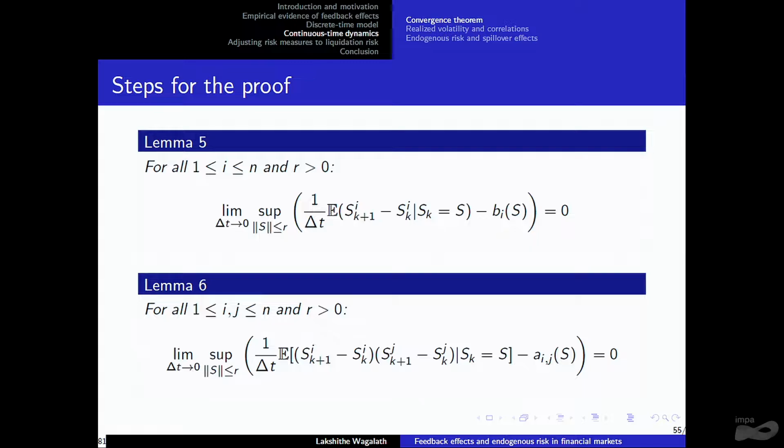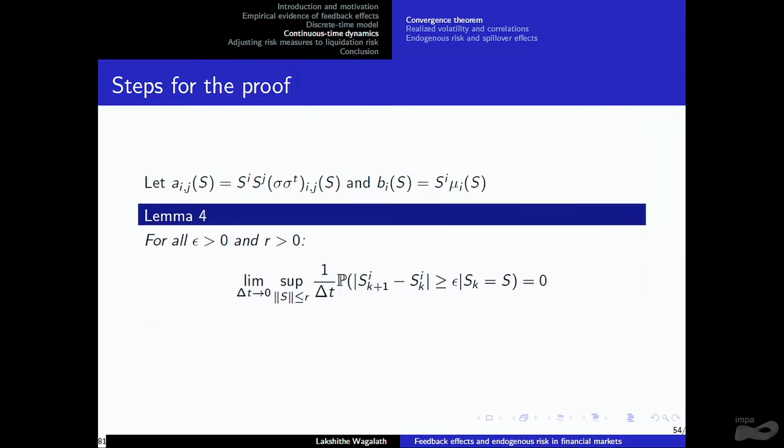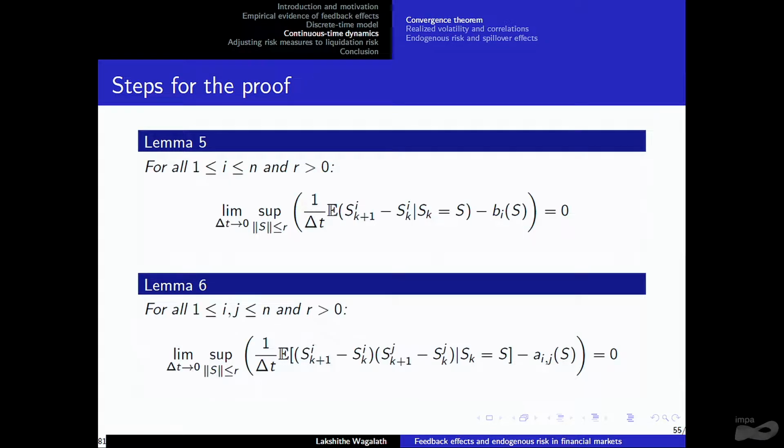You make sure that the expected value of the increment converges to the right drift, and the expected value of this kind of covariance converges to the right covariance matrix. And that's actually plain calculation, right? It's not super complicated. It's just a bit technical, but not fundamentally complicated, right?